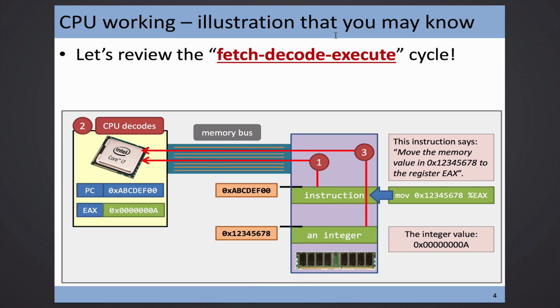You first ask the CPU to fetch it based on its instruction address. The CPU knows that you want to move some address 1, 2, 3, 4, 5, 6, 7, 8 to this register EAX. I go to the memory bus, go to this integer, which is also this address, 1, 2, 3, 4, 5, 6, 7, 8, and copy it back to the CPU.